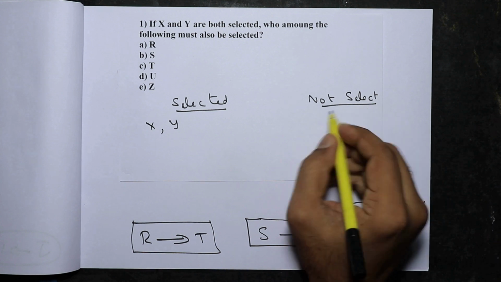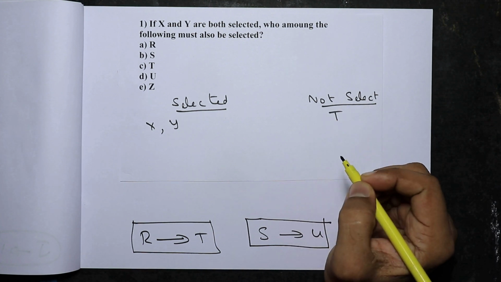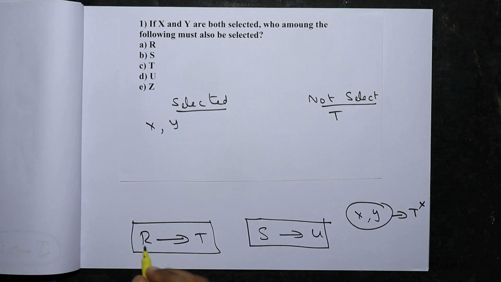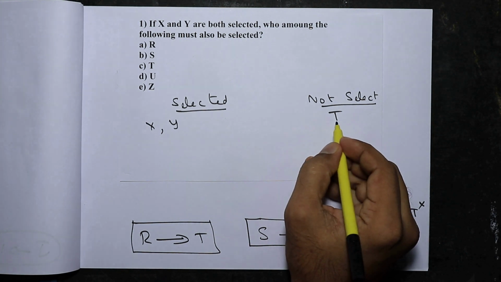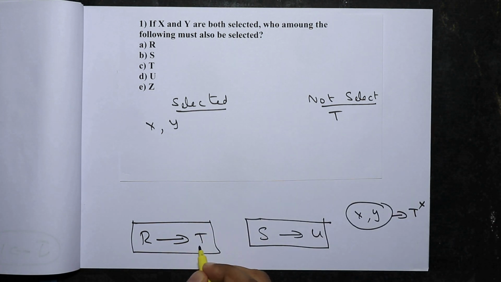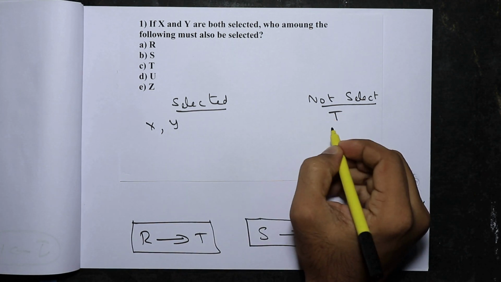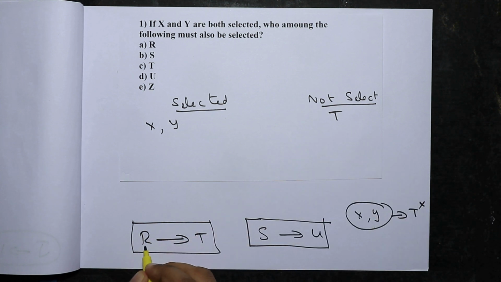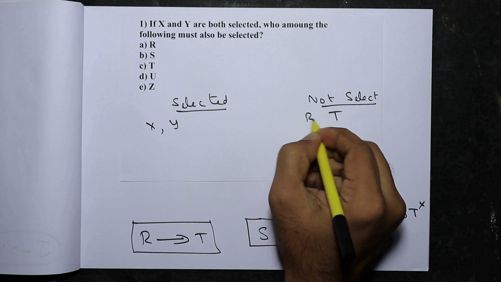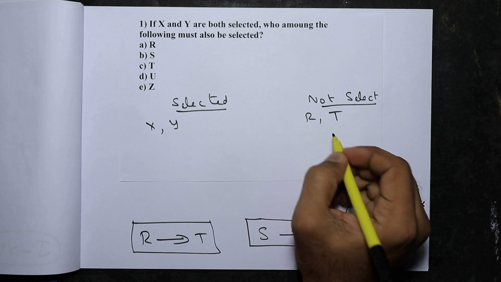So in the list of people who are not selected, you have T here. Now the other information given is if R is selected, then T necessarily should be selected. Now T cannot be selected, so R cannot be selected. So in the list of people who are not selected, you will have R also.